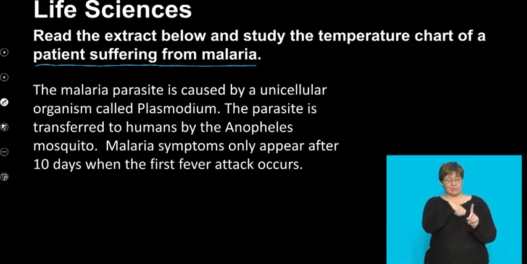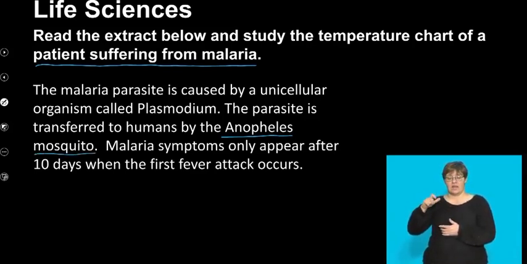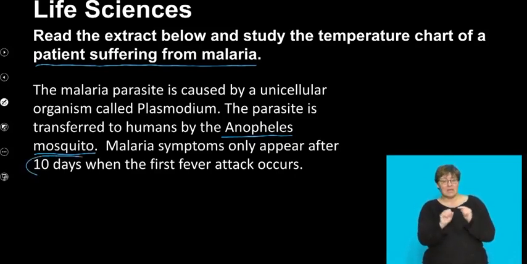The malaria parasite is caused by a unicellular organism called a plasmodium. The parasite is transferred to humans by the Anopheles mosquito, and malaria symptoms only appear after 10 days when the first fever attack occurs.